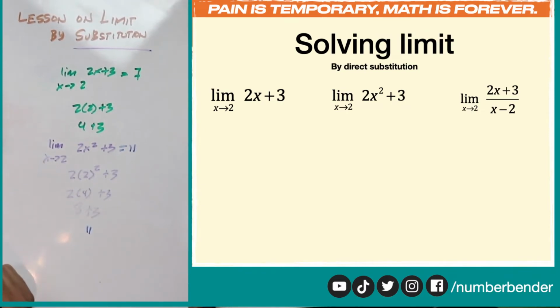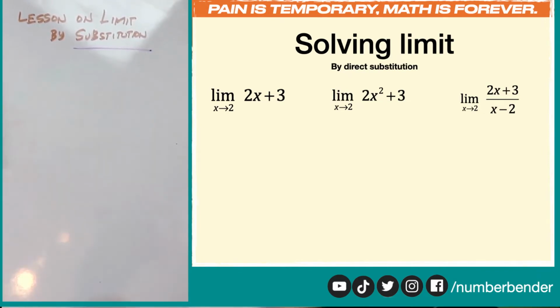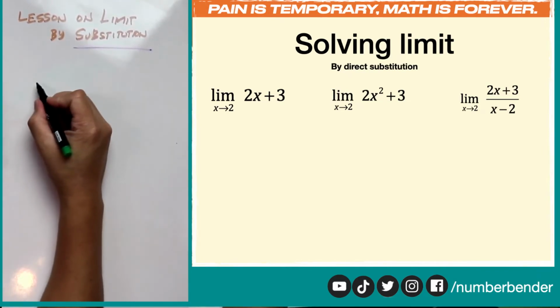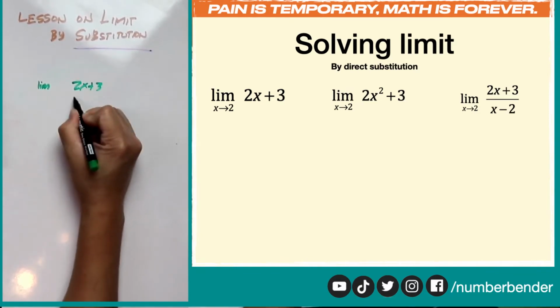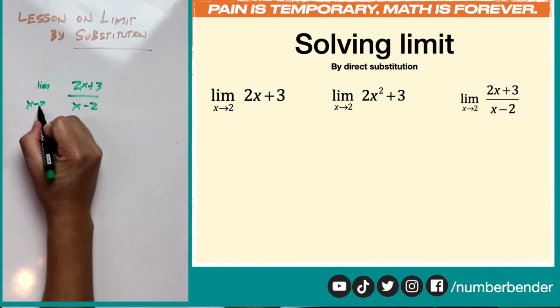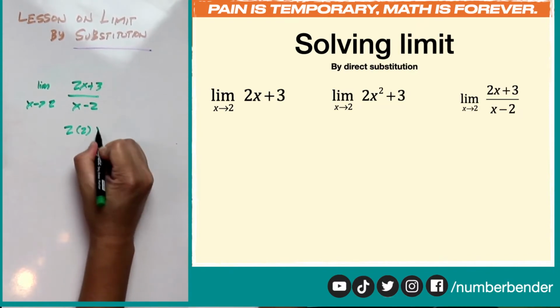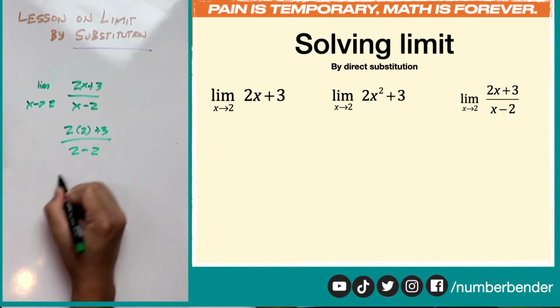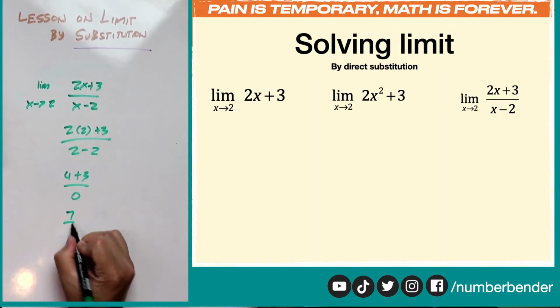And for problem number 3, the limit of 2x plus 3 all over x minus 2 as x approaches positive 2. By substitution, 2 times 2 plus 3 all over 2 minus 2. We have 4 plus 3 all over 0. We have 7 all over 0.